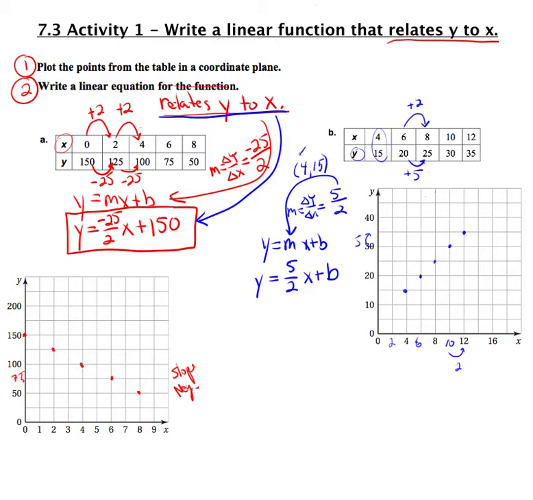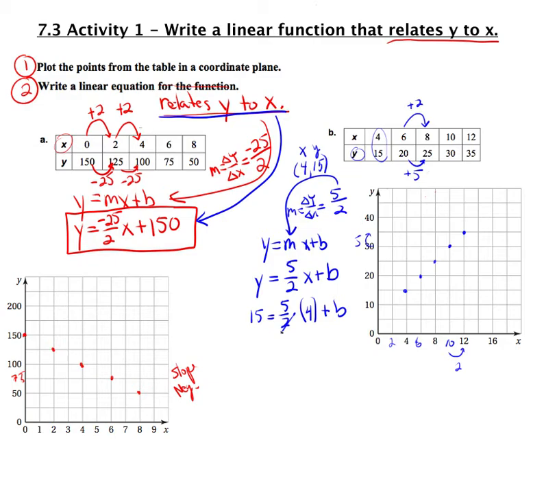And remember, x is 4 and y is 15. So I'll substitute the 4 in for x and the 15 in for y. Bring everything else down. So I'm going to multiply those two together and bring down my plus b. So now I'm solving for the y-intercept, which is our b.